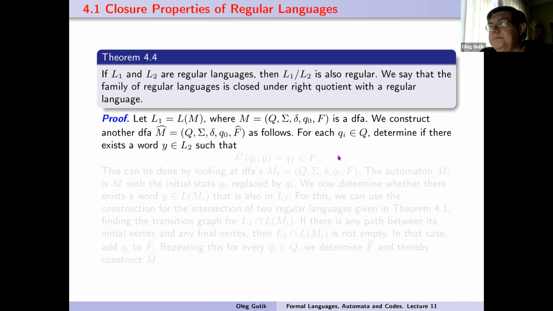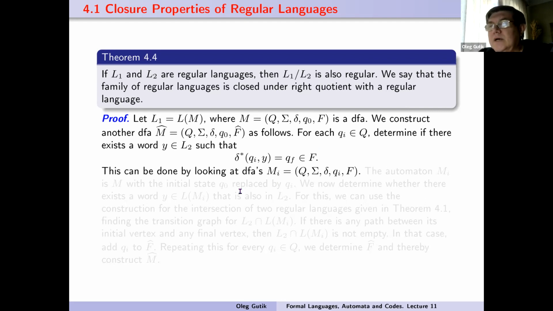For each state Qi, determine if there exists a word y from language L2 such that delta star of Qi y is equal to Qf, which belongs to the set of terminal states.